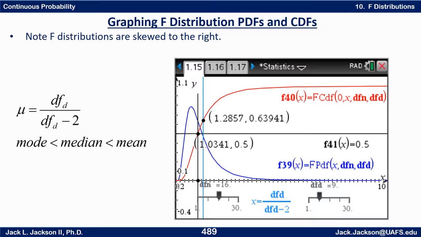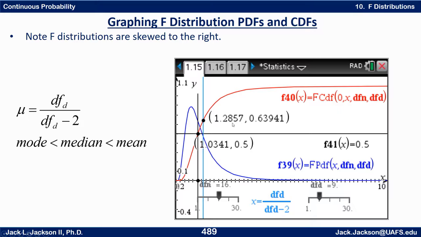This one has a graph that is controlled by sliders here. I'll show you the actual thing that this came from in just a second. On this one, we actually have a pretty nice formula for the mean. It's degrees of freedom denominator over degrees of freedom denominator minus 2, and that's represented by this light blue line right here.